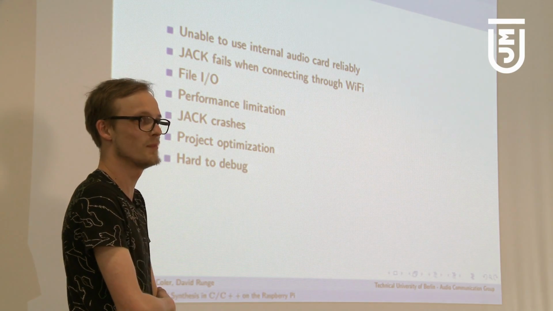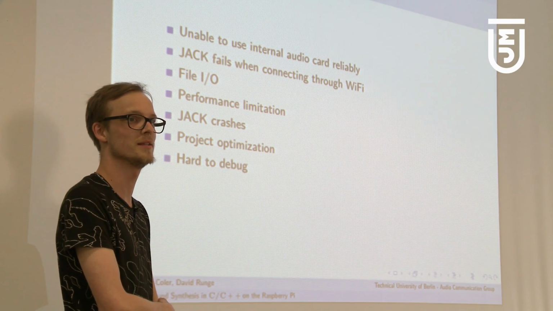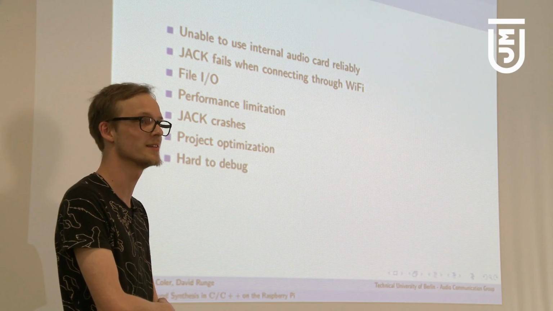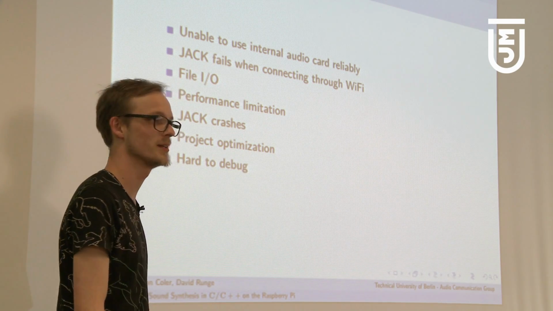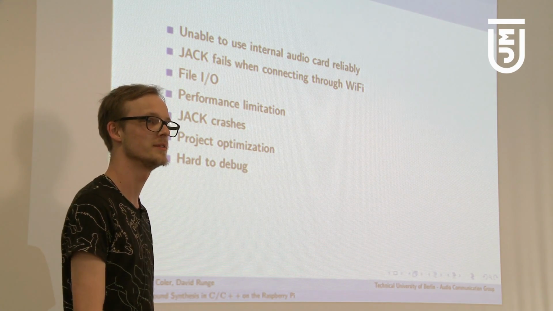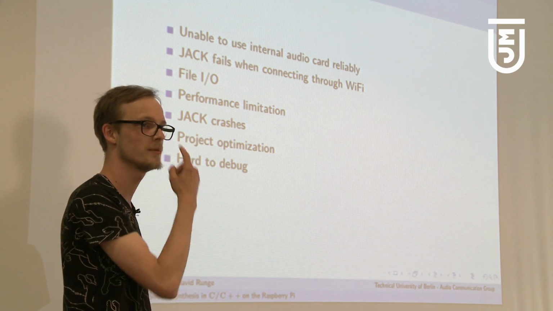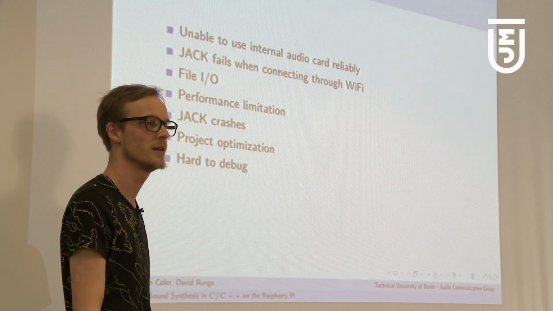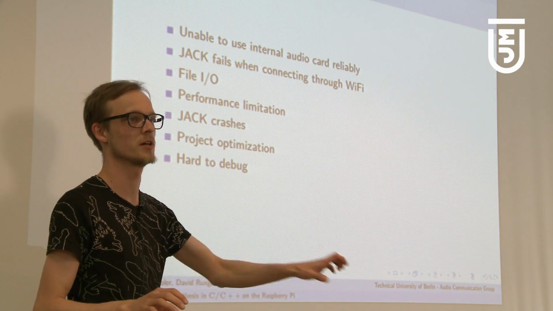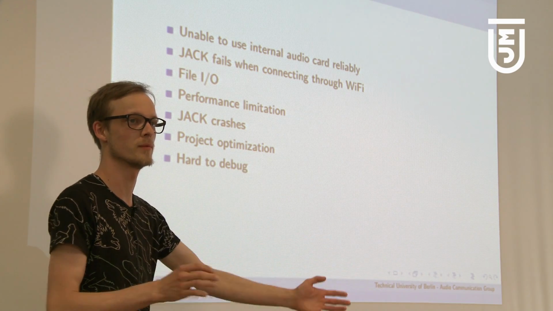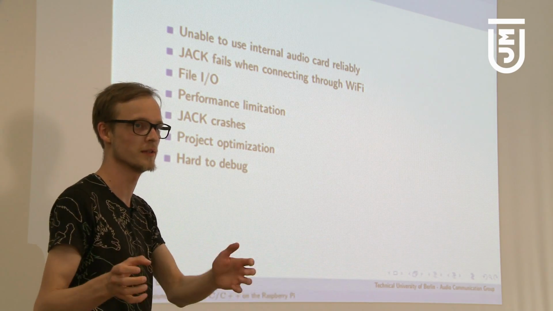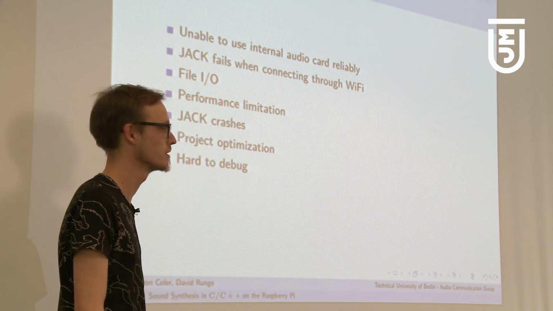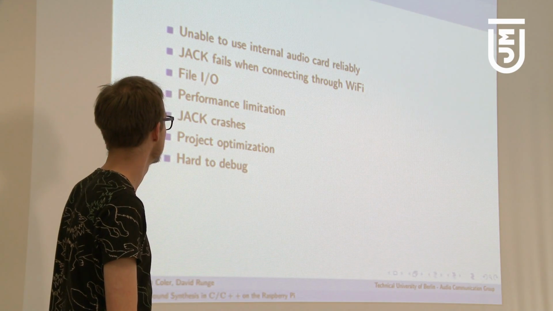File input-output obviously is a big problem. So if you want to read in huge tables of data, then you better work around that. The CQT project, they definitely did that, and I found a way to write chunks instead of reading the whole data into RAM in one go, because that apparently is too slow.